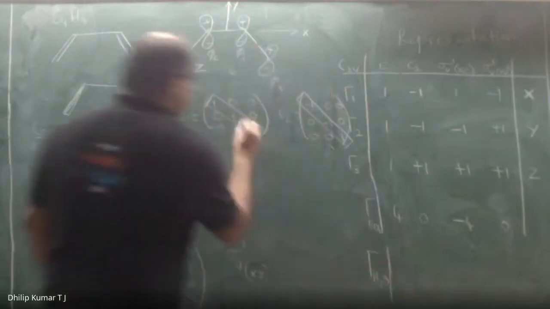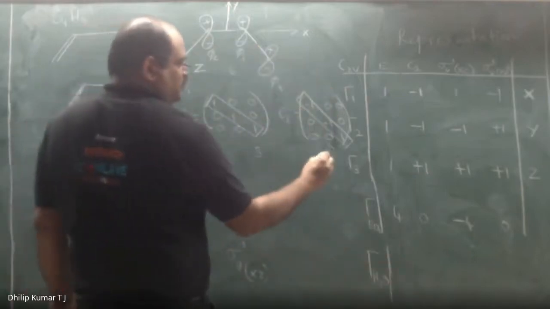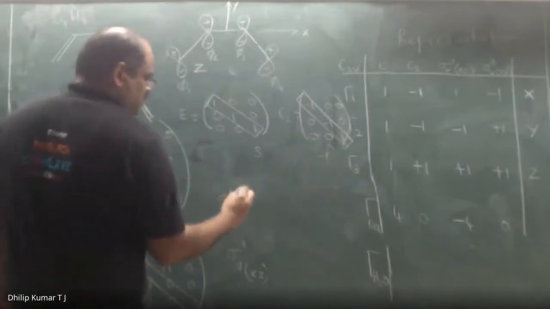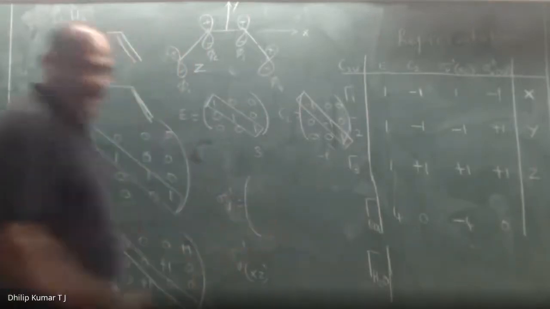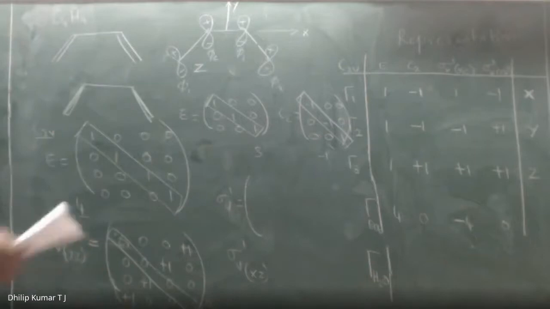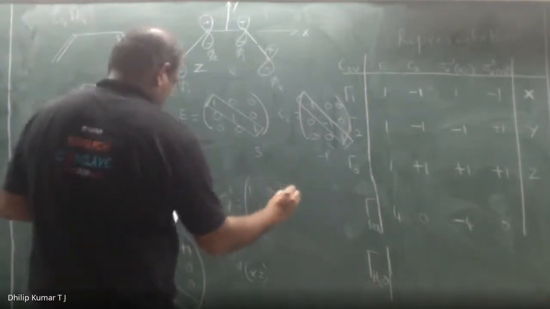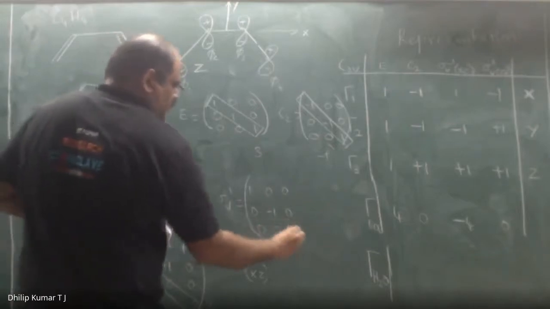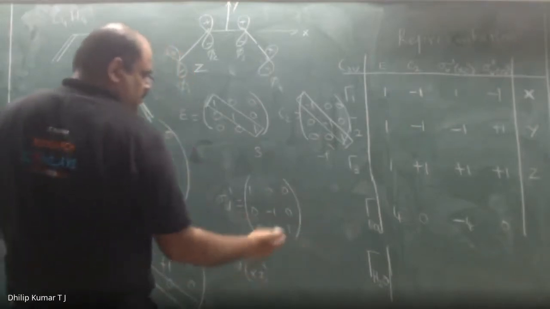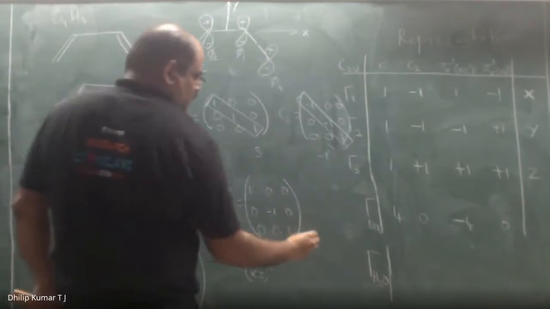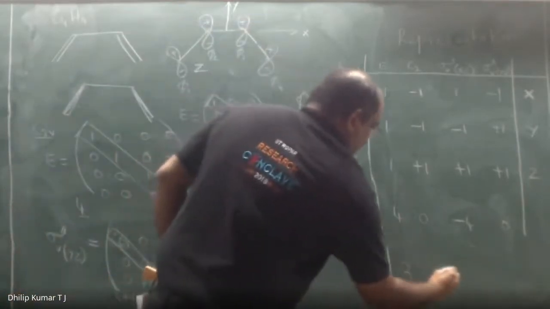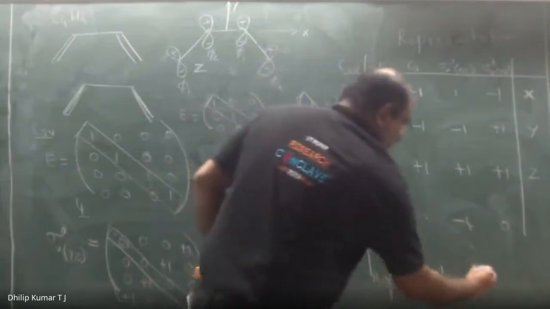So for E it is 3, and for C2 it is minus 1, and sigma V prime. What was the matrix? Remember, it's 1, 0, 0, 0, minus 1, 0, 0, 0, 1. So we should add the diagonal elements. So it is 2 minus 1, it's 1. So I write it here: 3, this is minus 1, again this is 1.